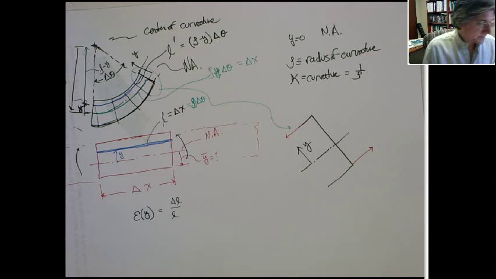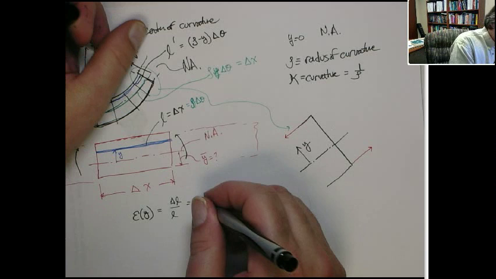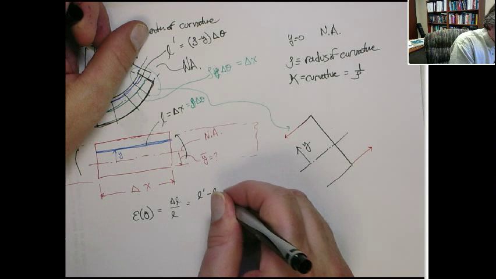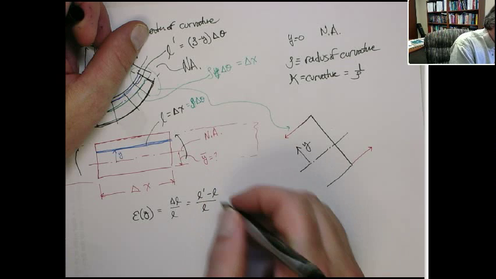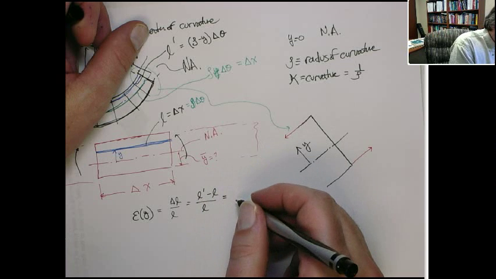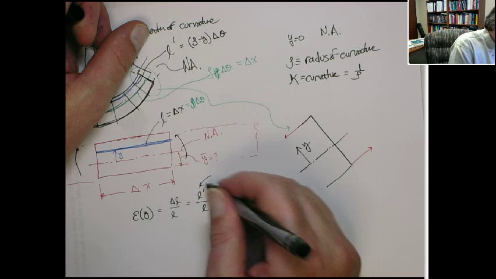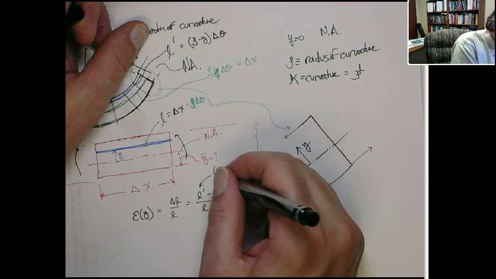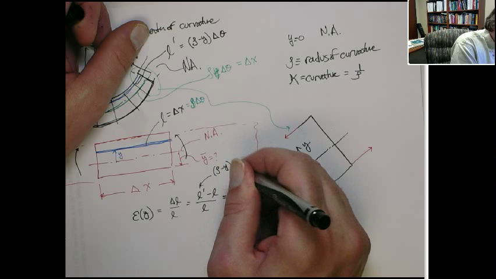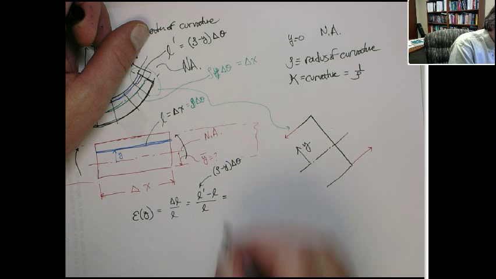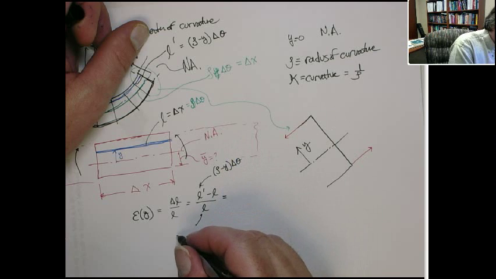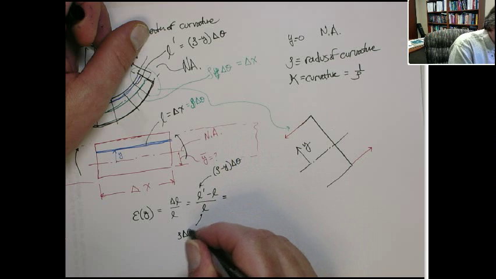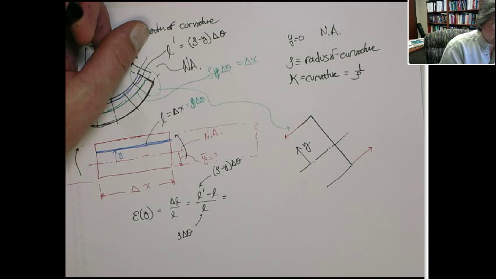Okay? So now what do we got? The change in length is the current length minus the original length, divided by the original. The current length, we're saying this is rho minus y d theta. The original length, we're saying is rho d theta. Now you can see all the d thetas cancel out.